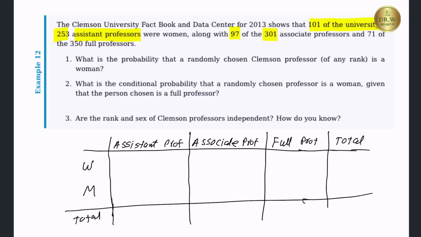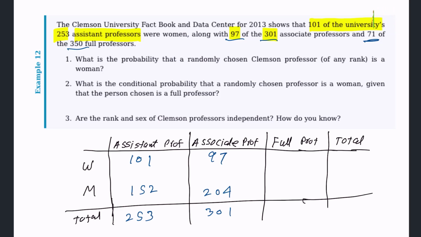So here W is 101, total is 253, therefore M is 152 male professors. Then associate, 97 of the 301, therefore men 204. Full professors, 71 out of 350.